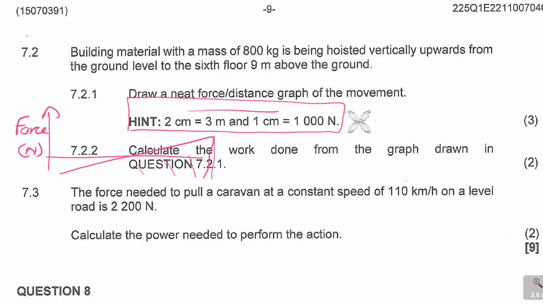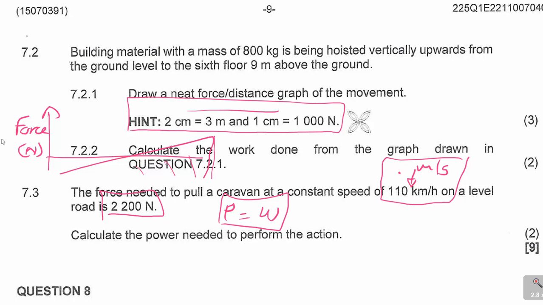Now velocity, which means speed, is in kilometers per hour. You have to change it to meters per second, so you need to know how to convert this to meters per second, because the force already is in newtons. Otherwise, the answer that you're going to give for your power cannot be in watts. Remember, your power units there must be in watts, so you need to be careful and sensitive to that.